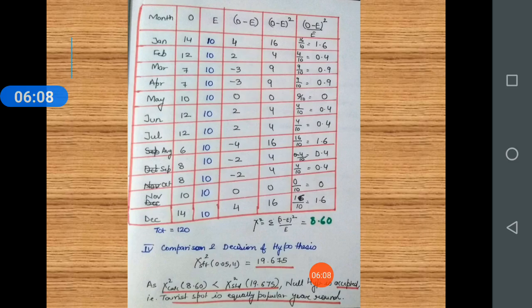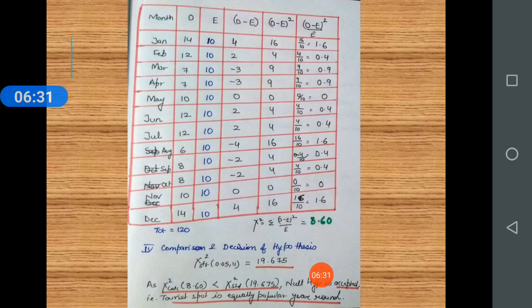Now that we have calculated our test statistic, that is chi-square calculated, which is equal to 8.60, we come to the concluding step in the research hypothesis testing, which is the comparison of the observed and the expected value of chi-square, or we can say the calculated chi-square value and the standard chi-square value. For the standard chi-square value, we need to refer to our chi-square table, where we need two things.